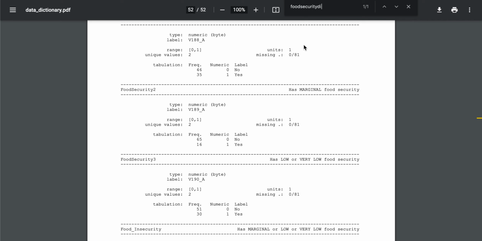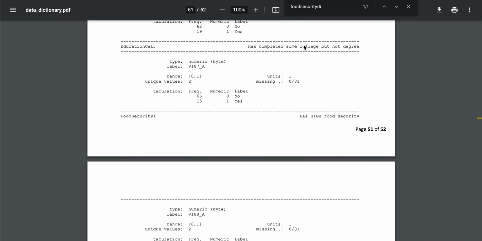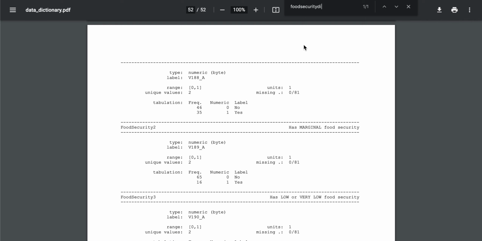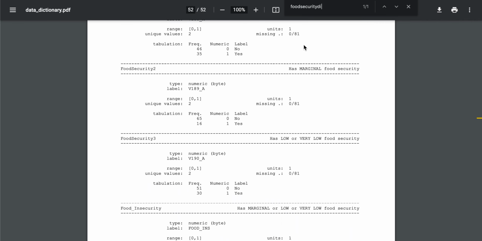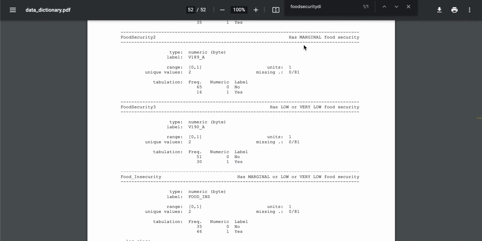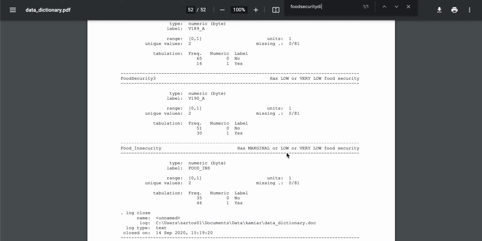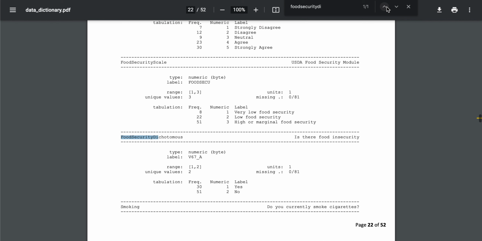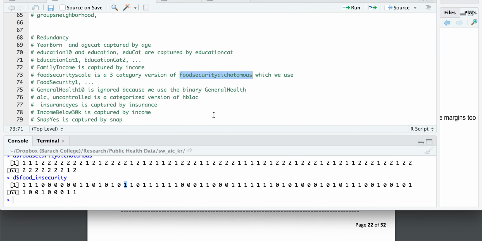So yeah, we have to make a decision which one to pick, and this is marginal or low or very low. I would, and then we have dichotomous. Let's go just with dichotomous, and then something that we can make a decision on later.